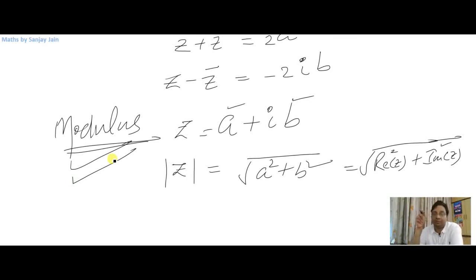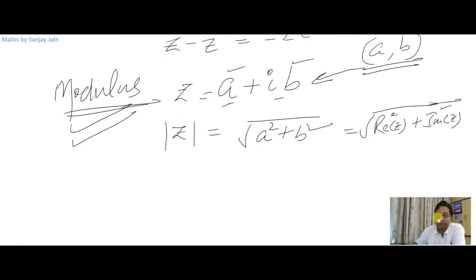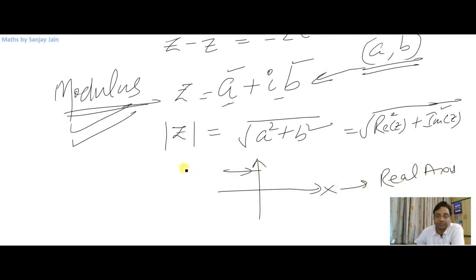We will learn about modulus when we plot this on the xy plane, or Argand plane, or complex plane, right? Like in real numbers, a and b are real, so we take the coordinates as a comma b. As this is a complex number, we will make a complex plane which will be just similar to the xy plane, right? Only the names are different. This axis is known as the real axis, this axis is known as the imaginary axis.